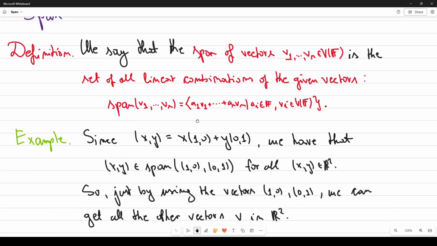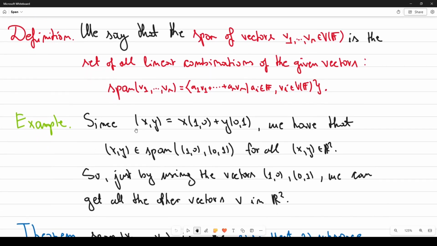So let's provide an example. Previously we've shown that any vector in the real plane, so any ordered pair of real numbers, can be written as a linear combination of these two vectors. So whatever vector I choose from R squared, it belongs to the span.